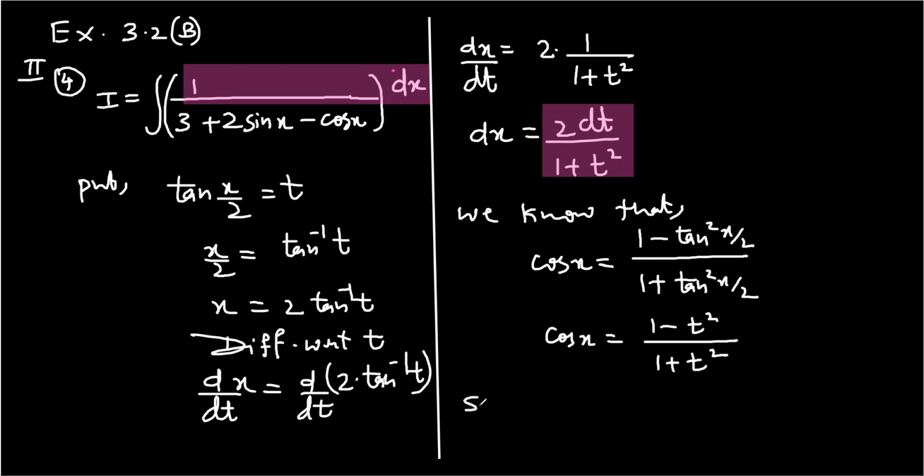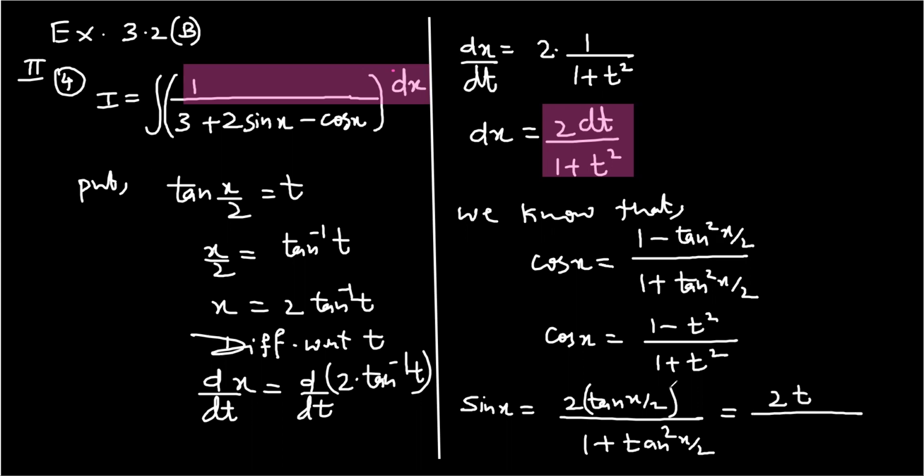Then sin x is 2 tan x by 2 upon 1 plus tan square x by 2. This is 2t upon 1 plus t square.